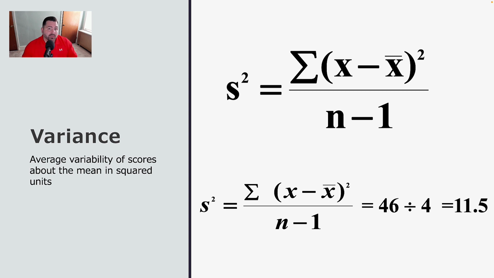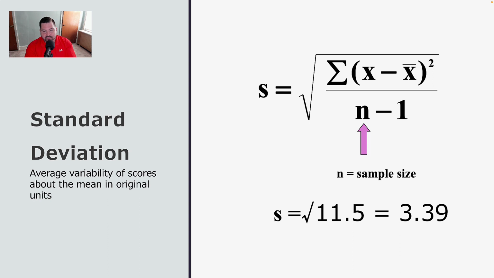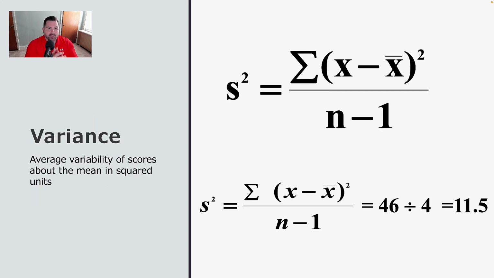When we talk about the concept of variance, which is a second way in which we can quantify and describe this issue of dispersion, we're really talking about the average variability of scores about the mean. When you hear things like variance and then standard deviation, which we'll get to in just a minute, they're actually the exact same thing.